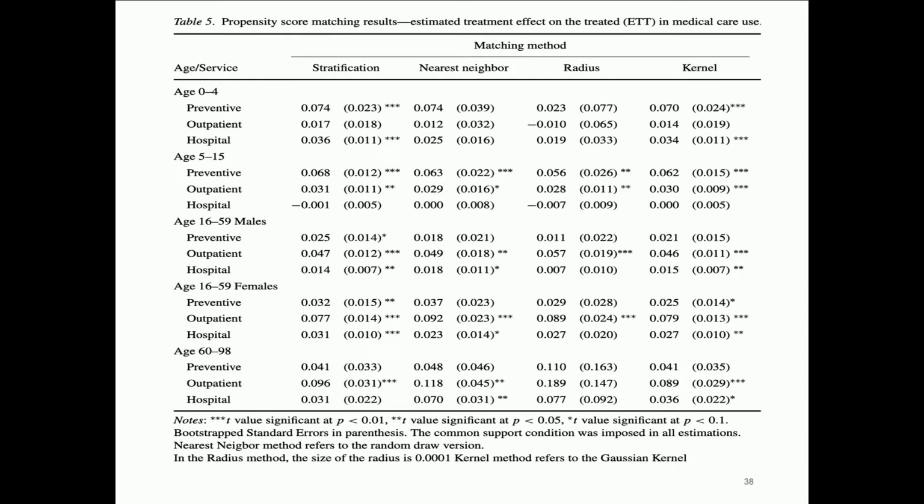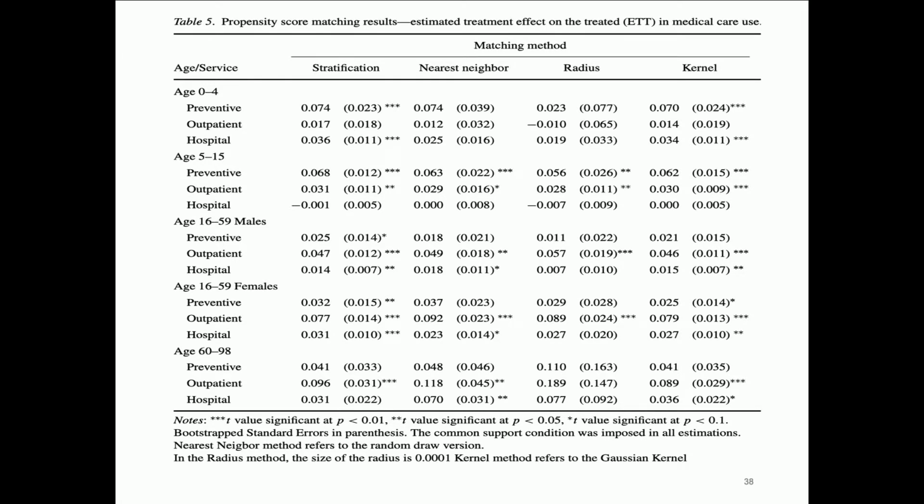It's higher in the age 60 to 98 group compared to the youngest groups, whether male or female. And the effect is higher in the case of females compared to males. So the policy implication is that this program will have a positive impact on the medical care use of older people more than the youngest ones. And among the youngest ones, it will be more effective for women than for men.